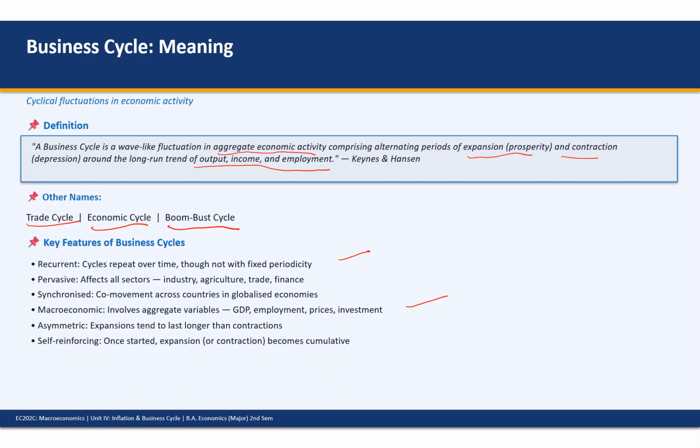So if I have to define business cycle in one line, a business cycle is the repeated rise and fall of economic activity affecting output, income, employment, and prices over time.